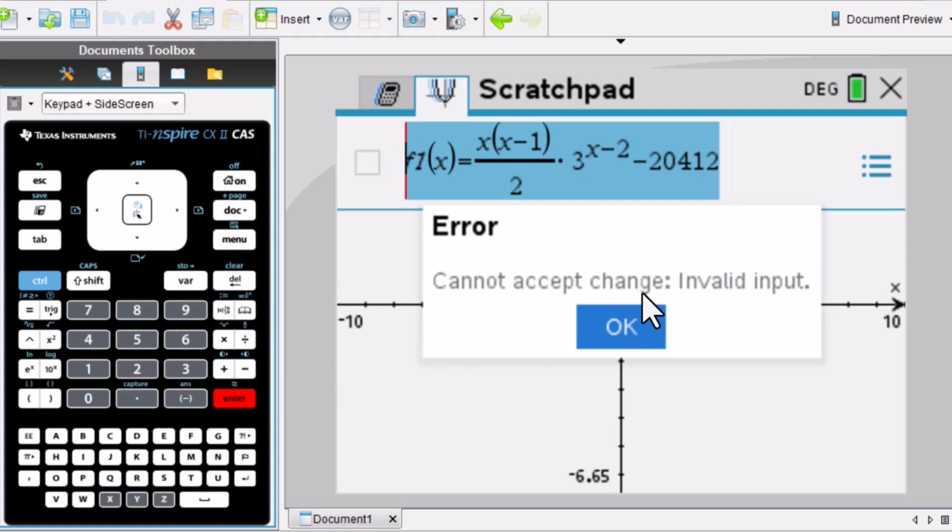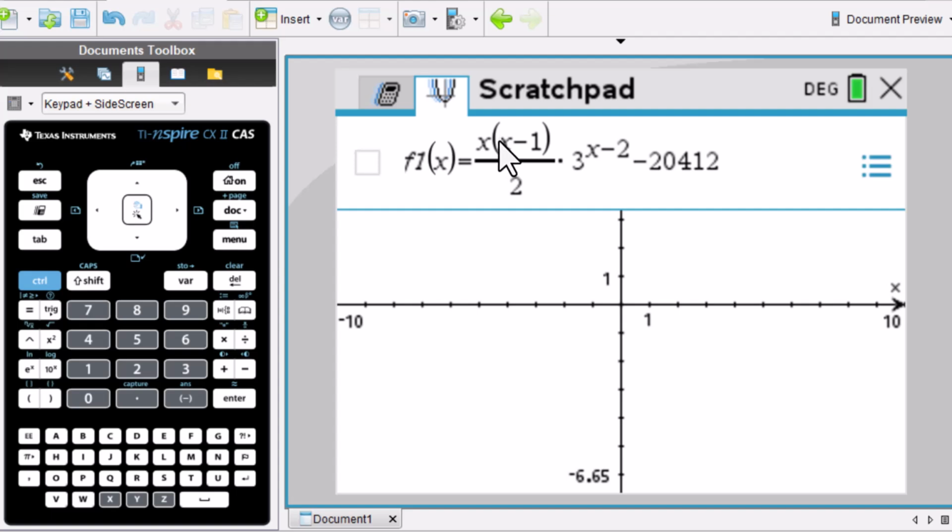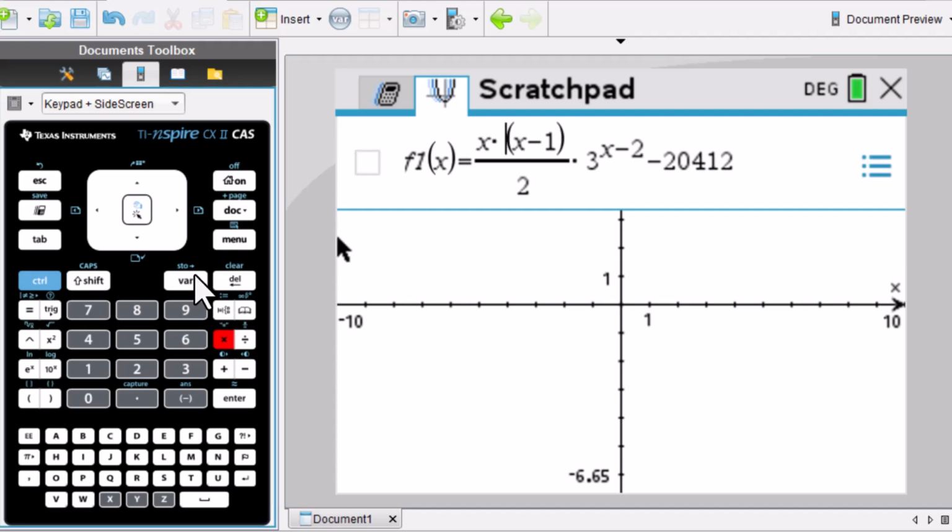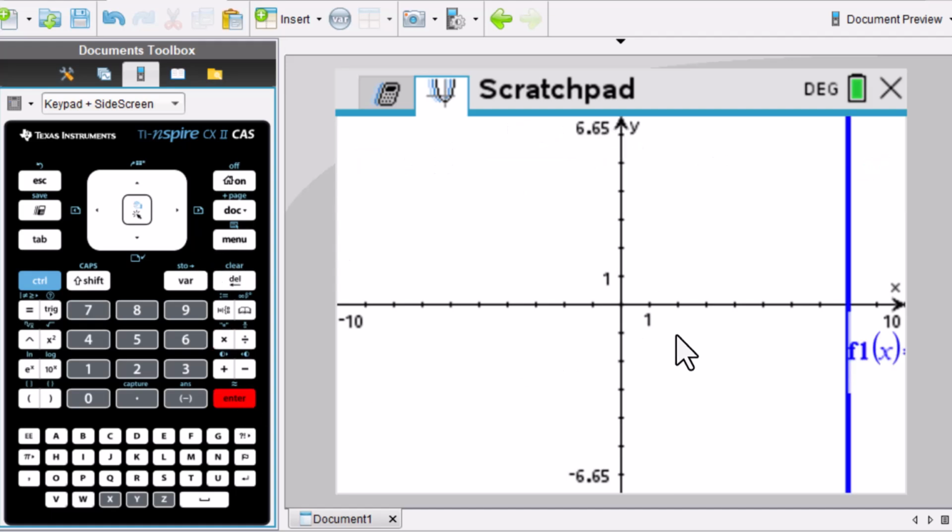Cannot accept change, invalid input, which means you missed some operation symbol like multiplication. So go back over here, put times, then this time press enter. It will show you. We are looking for the x-intercept.